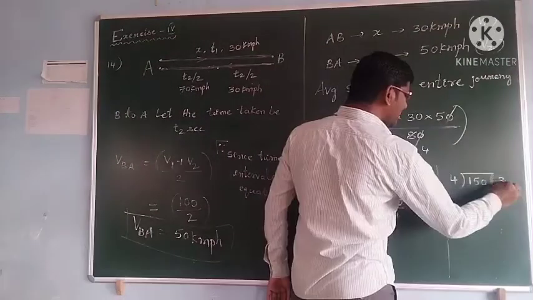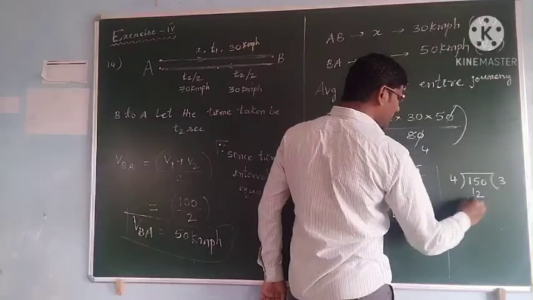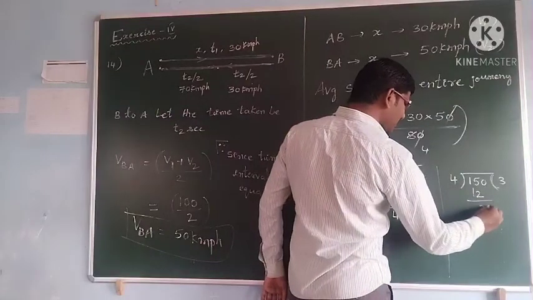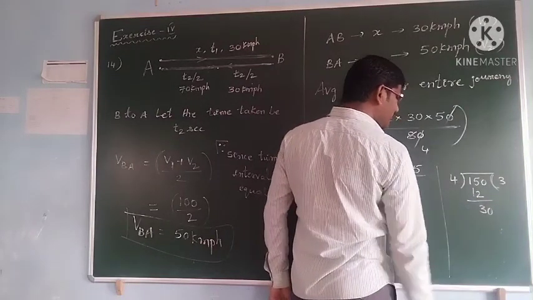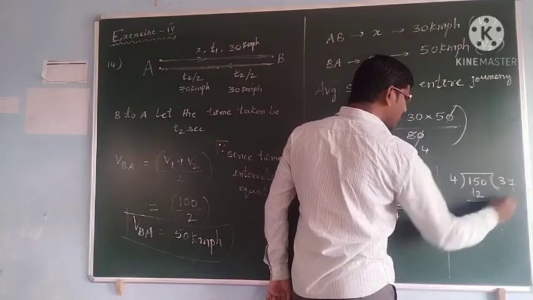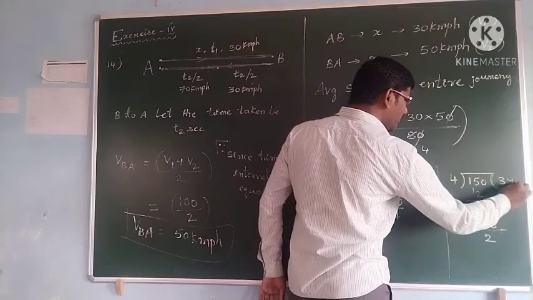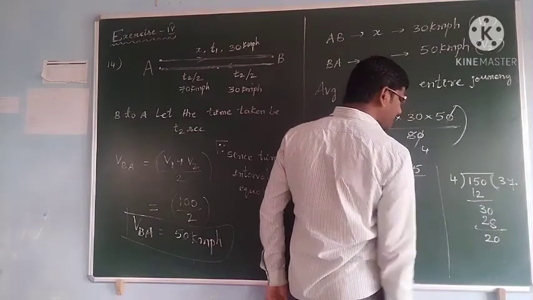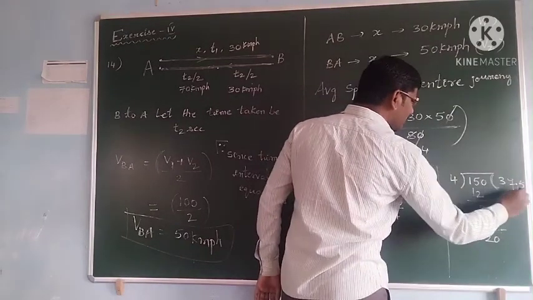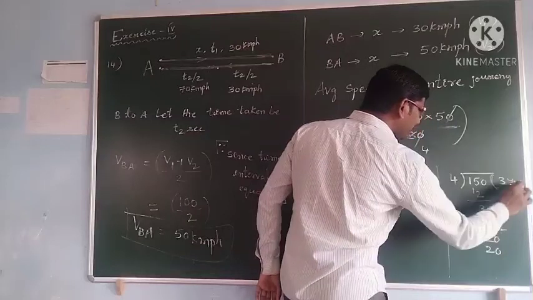4 3s are 12, 3 and 0, 4 7s are 28, 2 point and 0 and 5s are, 4 5s are 20.